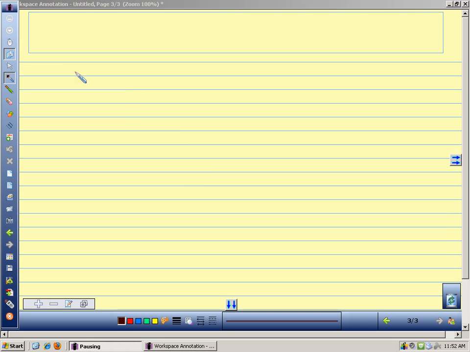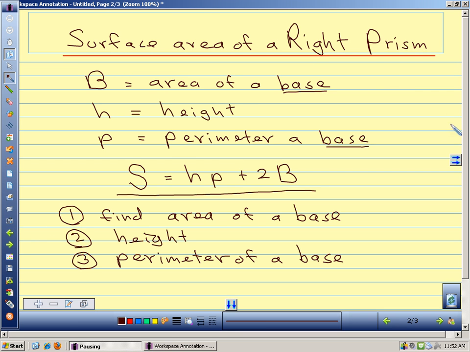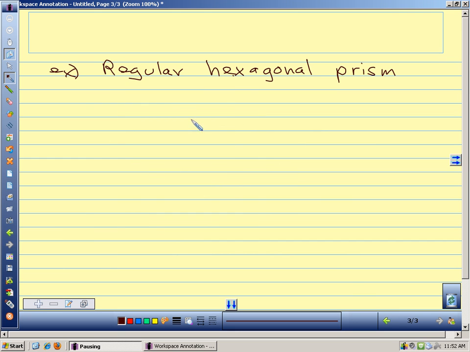Okay. So our example, we have a regular hexagonal prism. Our height is 12 centimeters.